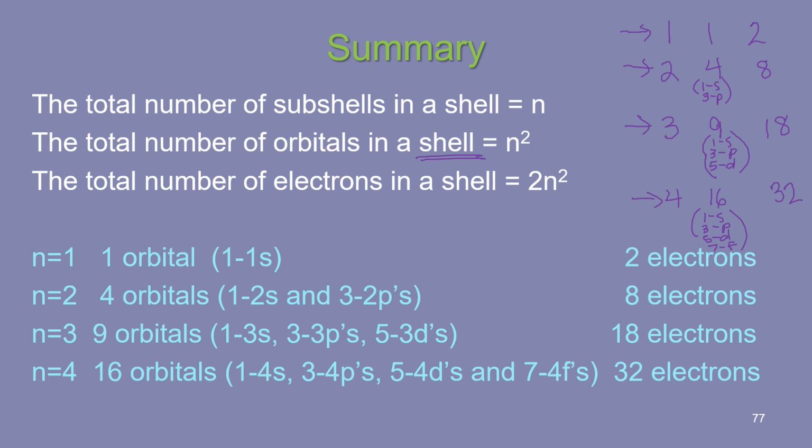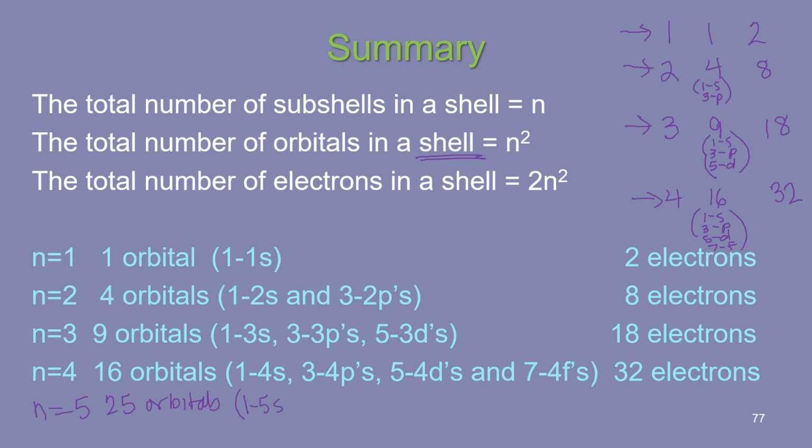So here's kind of what I just summarized. Again, on the first shell, there's only one s. There's 4 orbitals on the second shell: 1 2s and 3 2p's. 1, 3, and 5, 1, 3, 5, 7, and so forth. So if we complete this, n equals 5 has 25 orbitals.